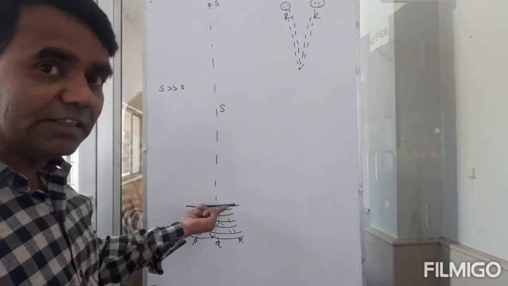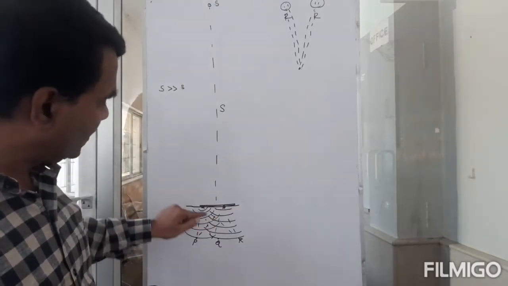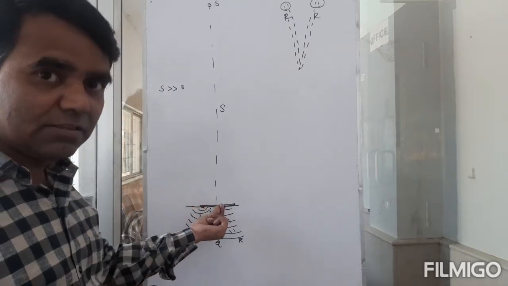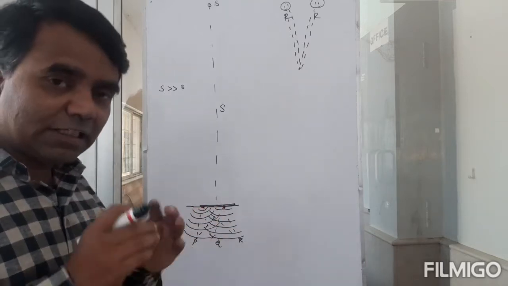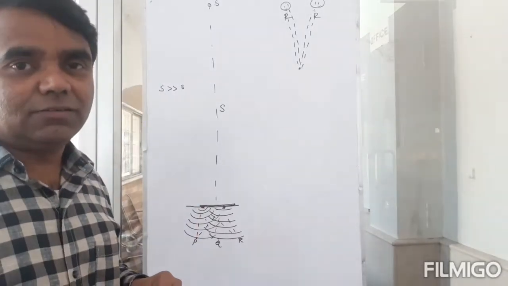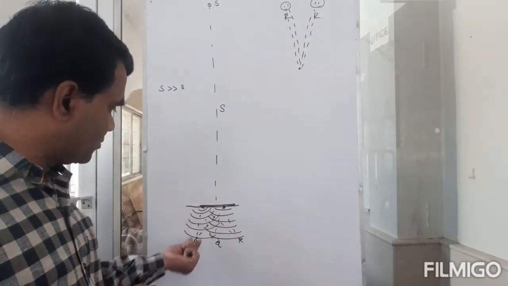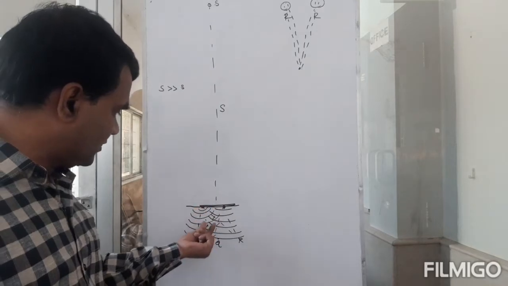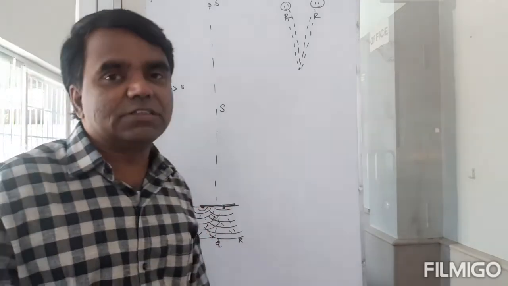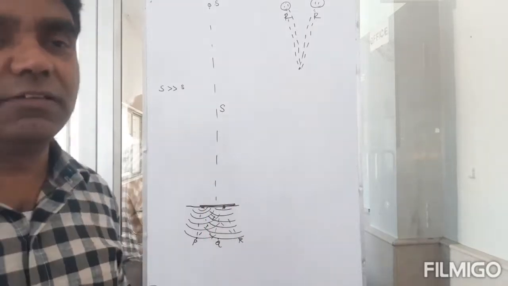They will always be in phase. It's a plane wave. And if you take 2 points on the plane wave and convert them into secondary wavelets, actually you allow them to pass through a small slit, then it will produce a wave like that. If you produce a wave like this, then you can find interference patterns. So this is how you can find it.